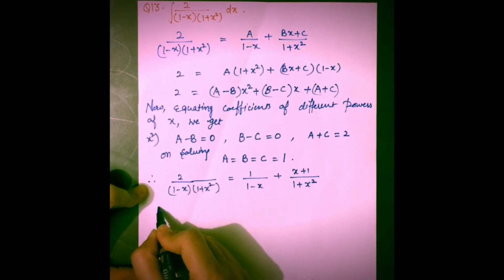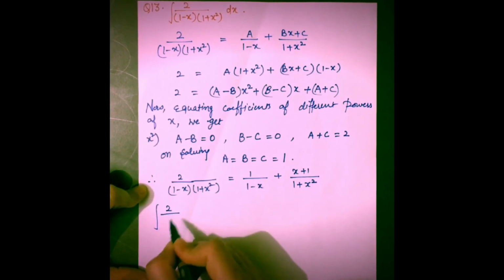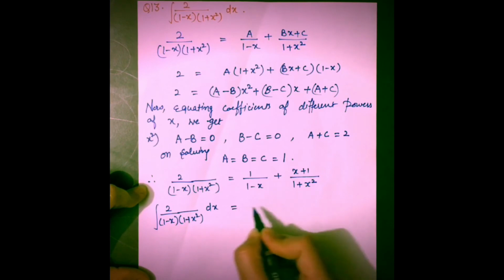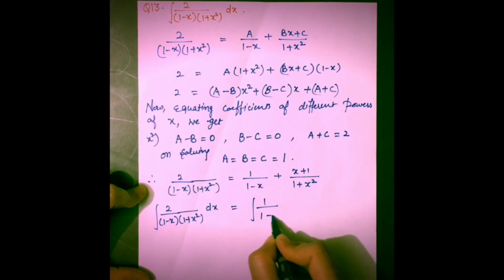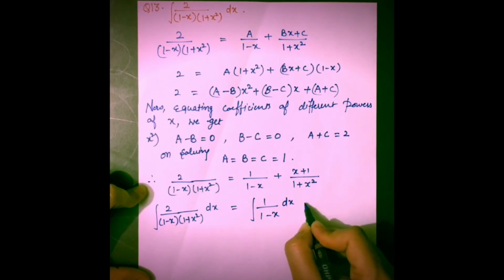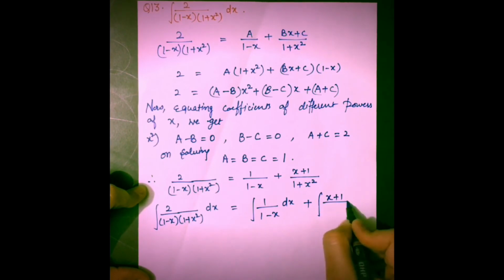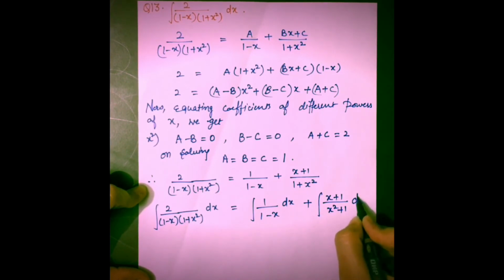Now we have to solve integral of 2 upon 1 minus x into 1 plus x square in dx. That is integral of 1 upon 1 minus x dx plus x plus 1 upon x square plus 1 dx.